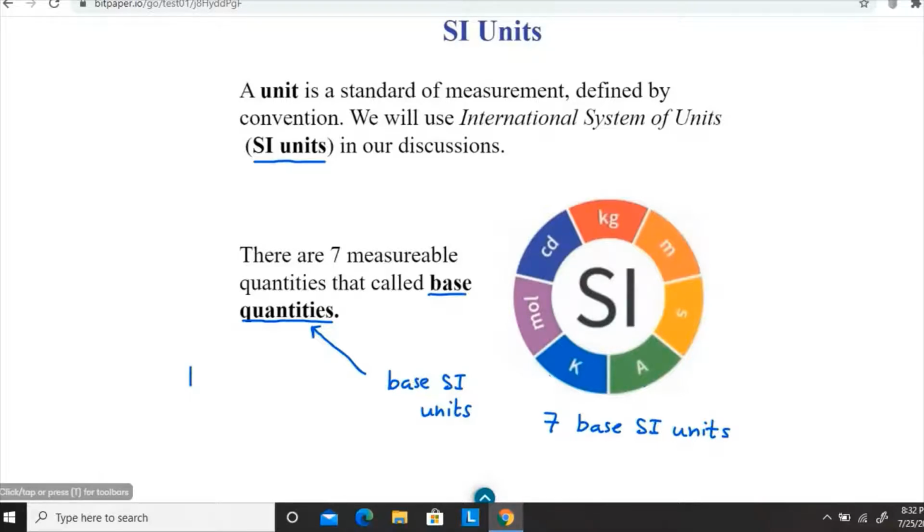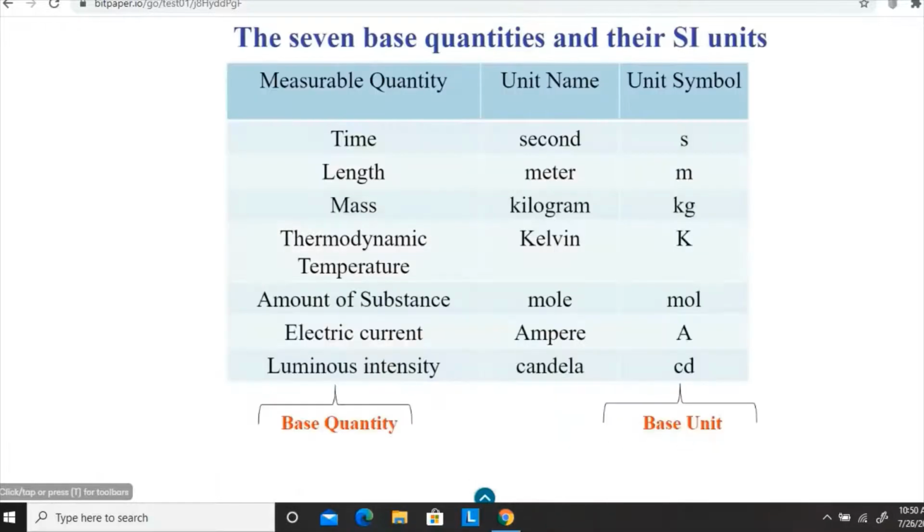For example, length is considered a base quantity. Time is considered a base quantity. Mass is considered a base quantity. And it goes on. There are 7 base quantities, and corresponding to those base quantities, there are 7 base SI units. Here are the 7 base quantities and their SI units.